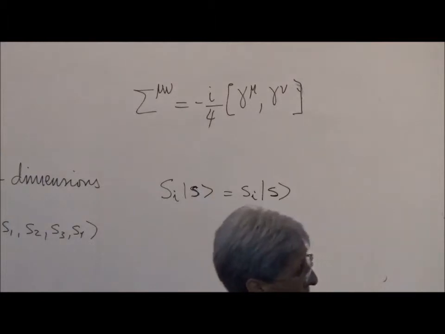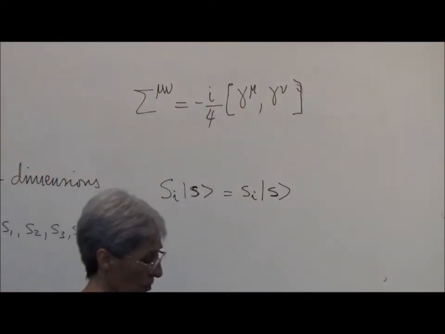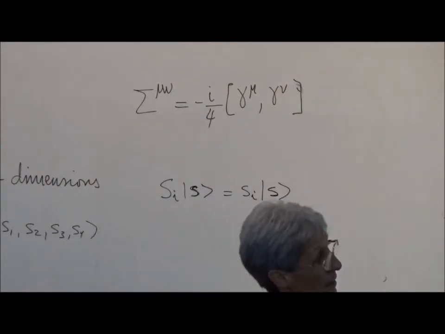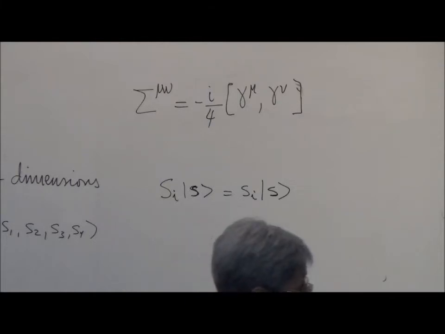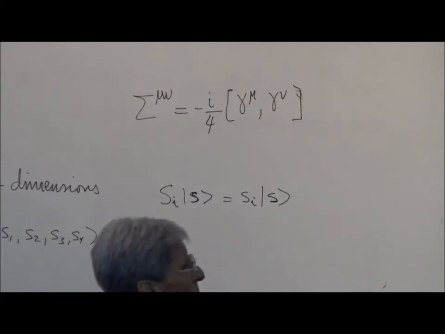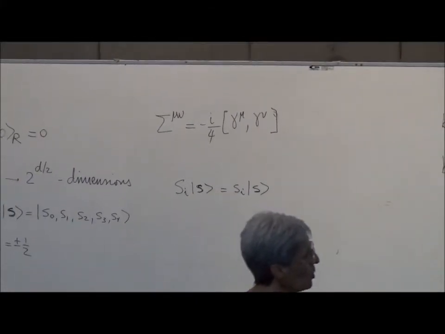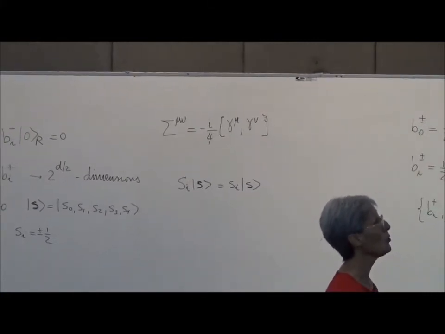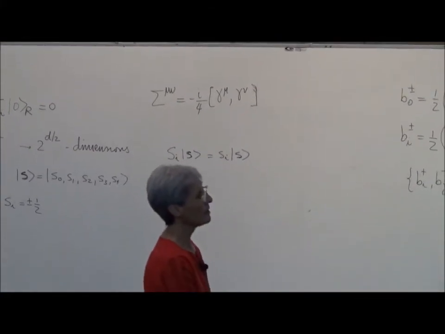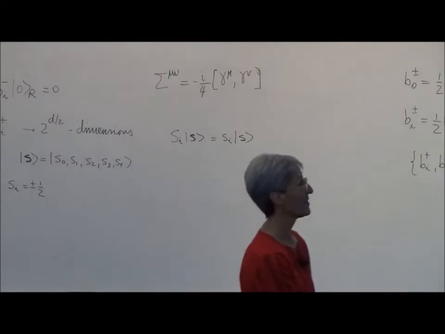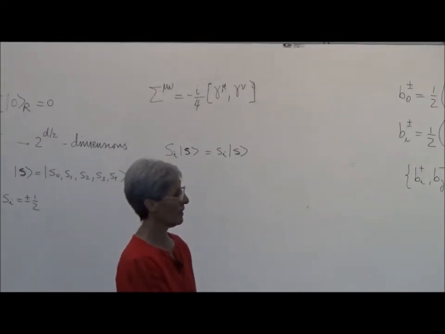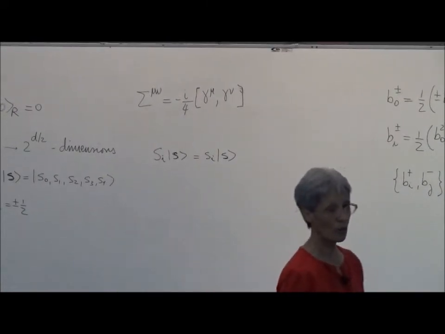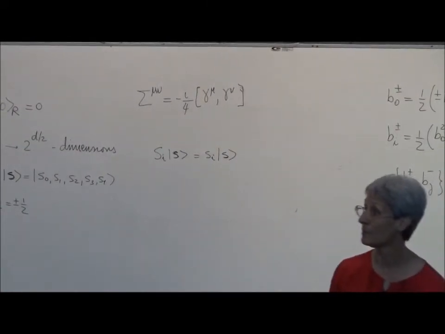And then since s_i is plus or minus half, you can see that this representation that we have written here is actually a spin one half representation. So these spinors form the 2 to the d over 2. If d equals 10, this is 2 to the 5th, so it's a 32-dimensional representation of the Lorentz algebra.